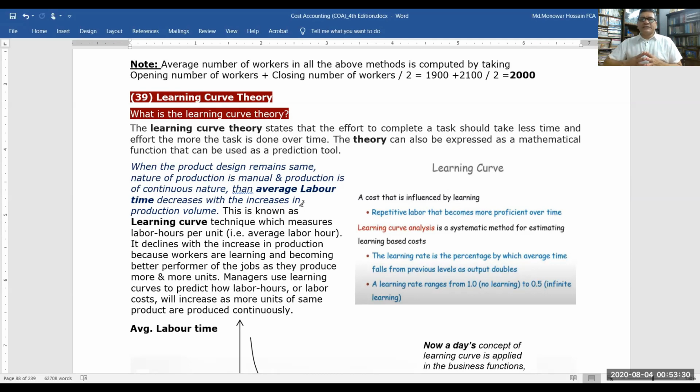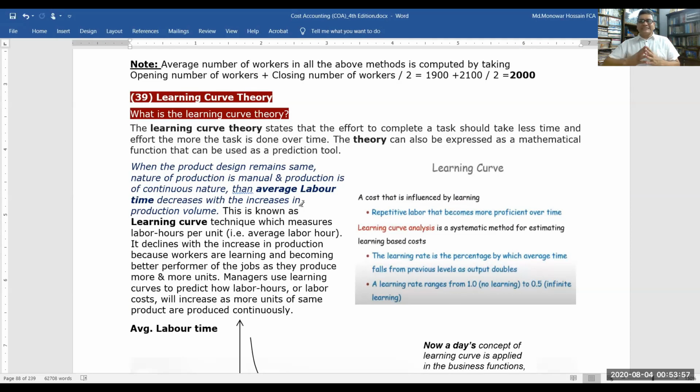So the cost that is influenced by the learning curve is the cost influenced by repetitive labor that becomes more proficient over time.